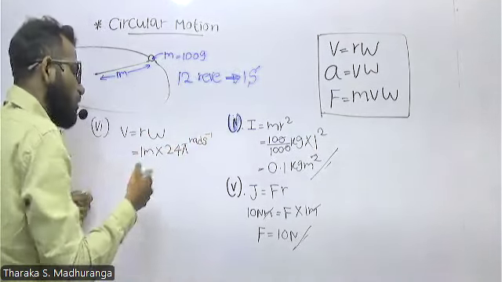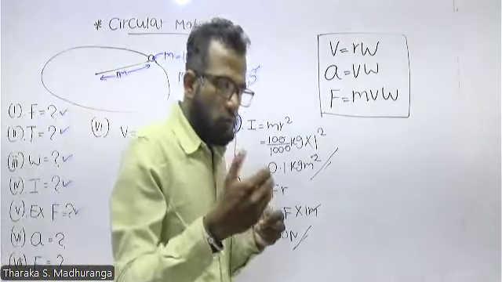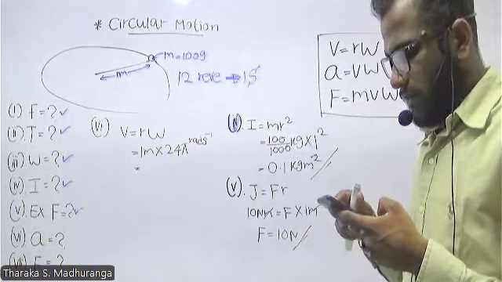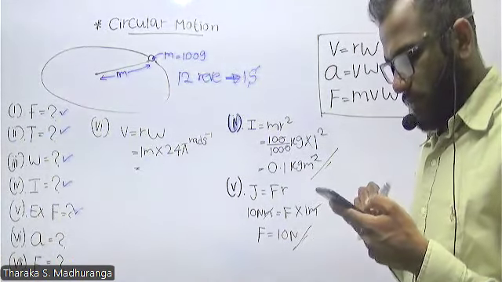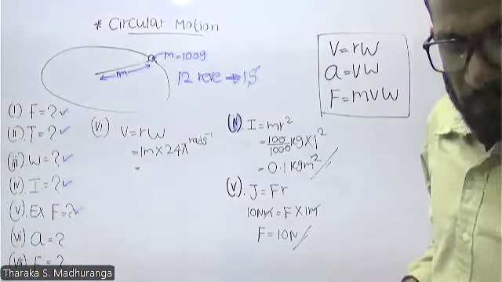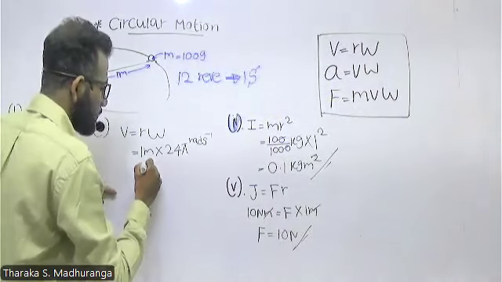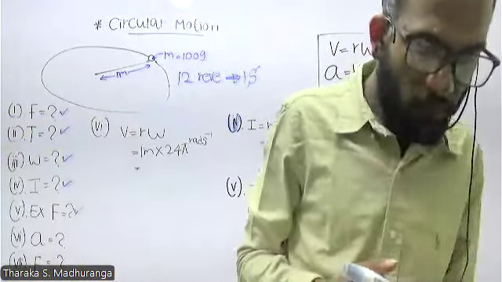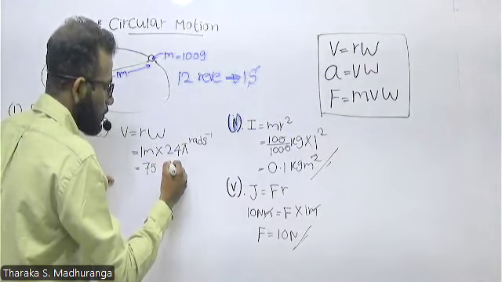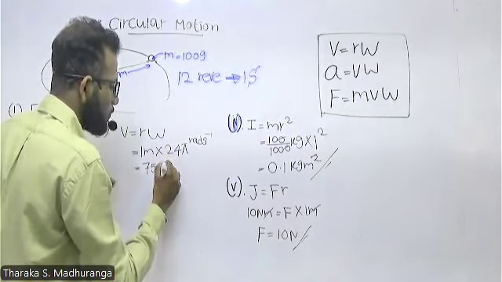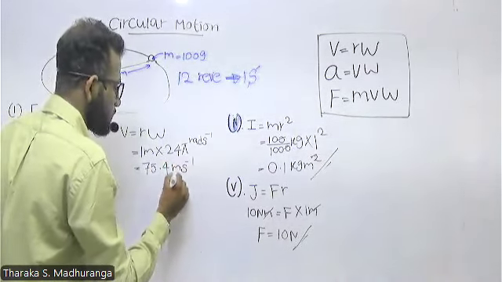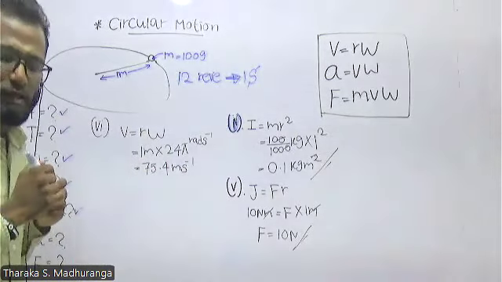Then 1 into 24, it is 24 pi. The value is 75.39, approximately 75.4 meters per second. That is the speed of the circular motion object.